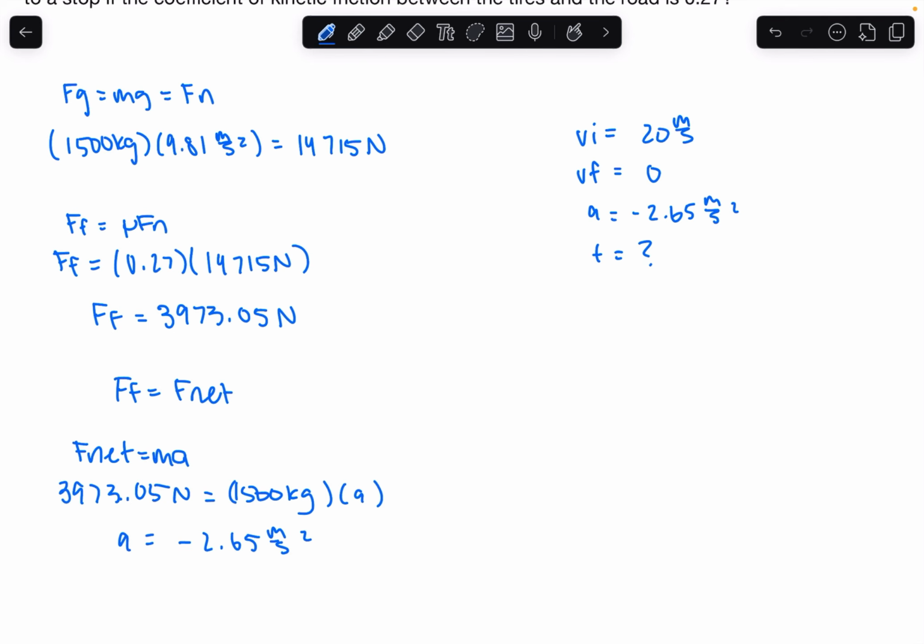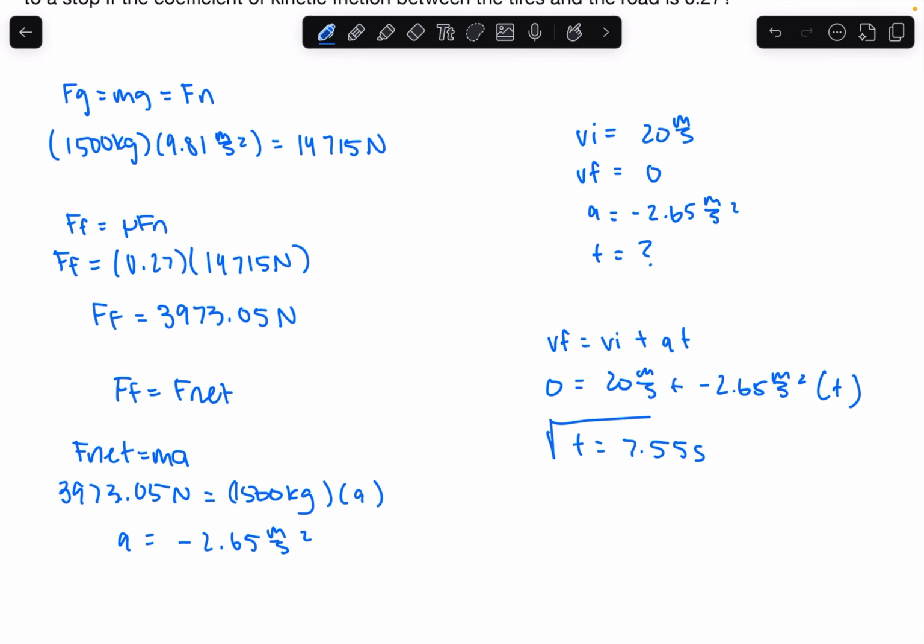With all of this, we can use the equation VF equals VI plus AT. So 0 equals 20 meters per second plus negative 2.65 meters per second squared times time. Once you solve this out, you're going to get a time of 7.55 seconds. And that's our answer.